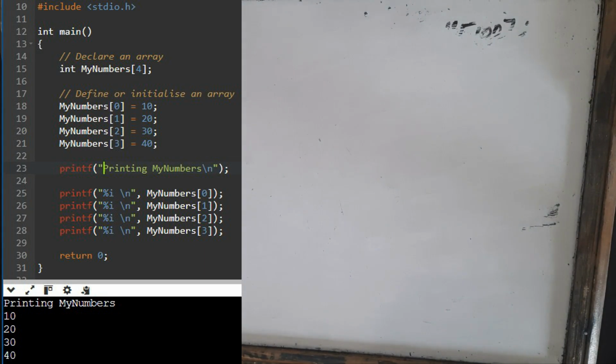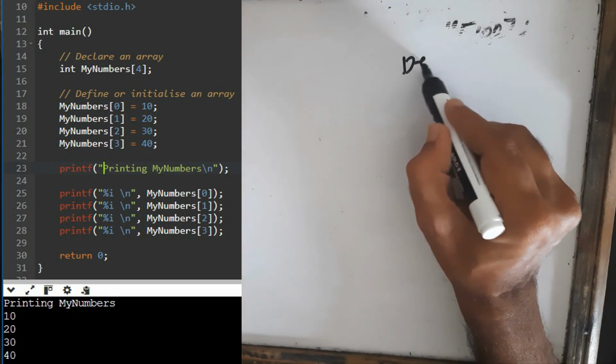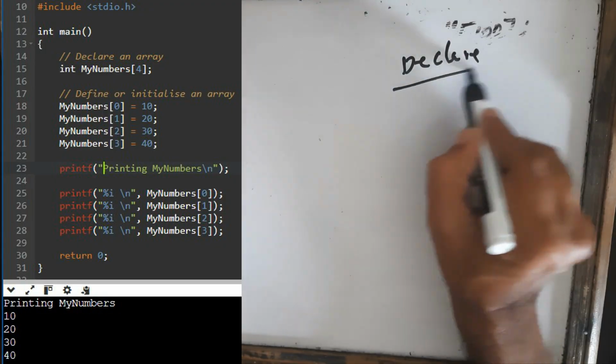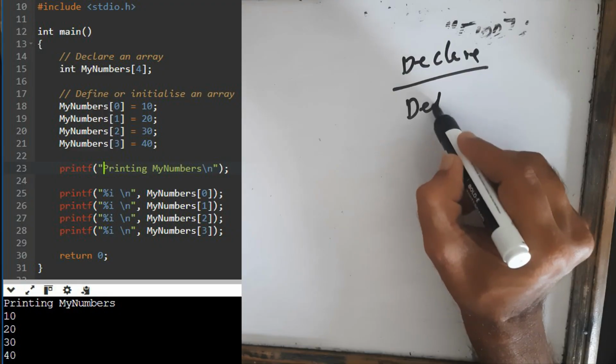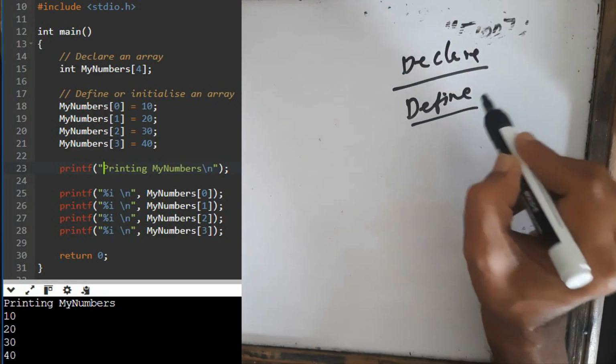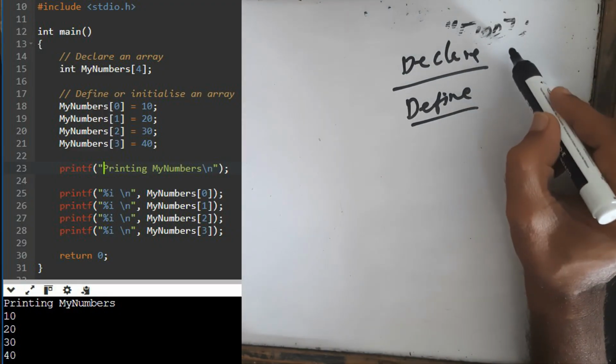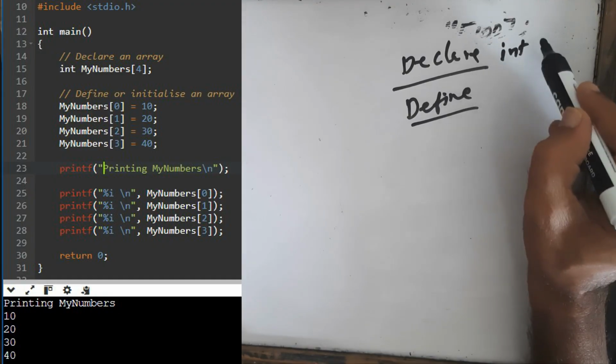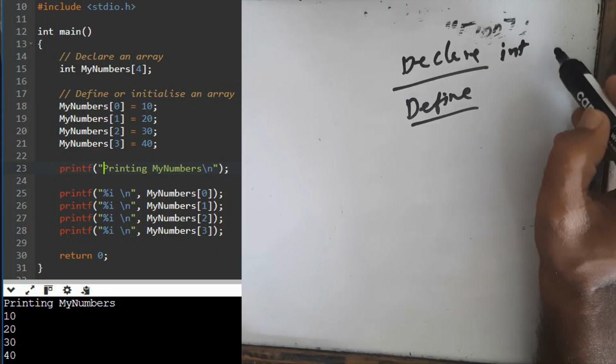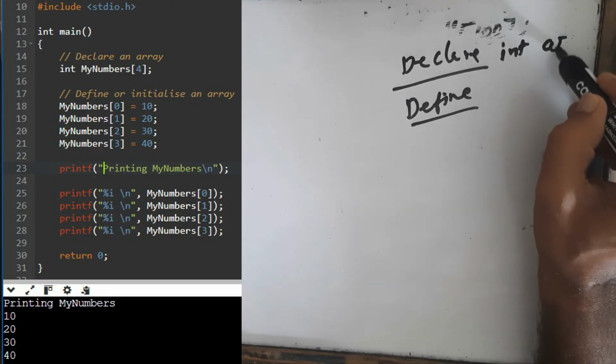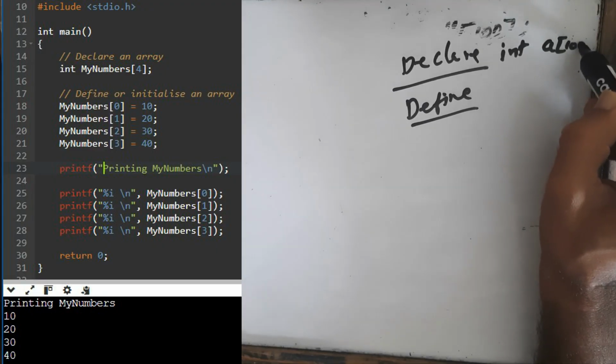Okay, so let's go to the next concept. So in this example, you can see we have declaration and definition in a separate pattern. So this is a declaration, int a of 100.